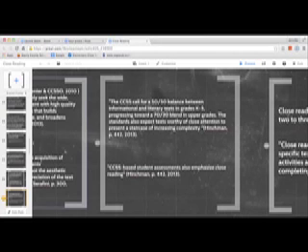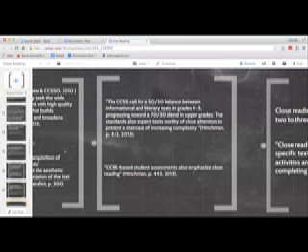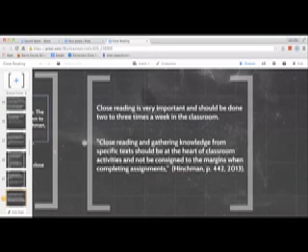CCSS-based student assessments also emphasize close reading. Close reading is very important and should be done 2 to 3 times a week in the classroom. Close reading and gathering knowledge from specific text should be at the heart of classroom activities and not be consigned to the margins when completing assignments.